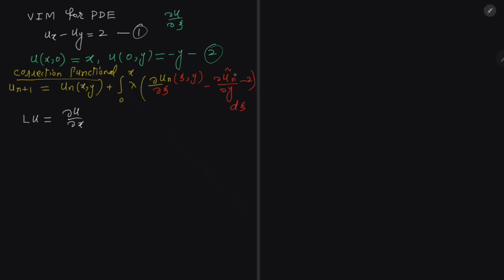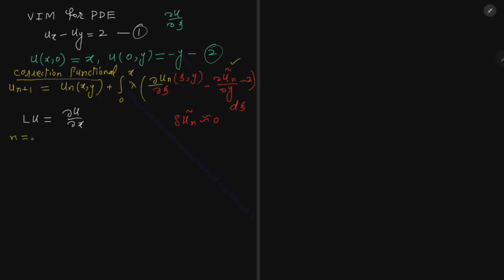And this partial u_n tilde by partial y will act as a modified solution, which means that delta u_n tilde is approximately equal to 0. It is very small, so we neglect that. We actually write this u_n tilde, but when we solve it we keep u_n in the calculation.